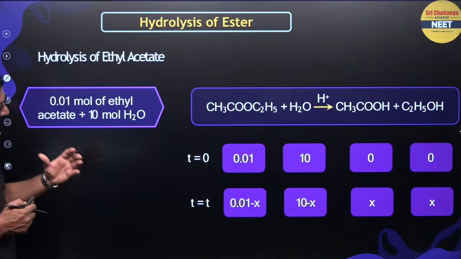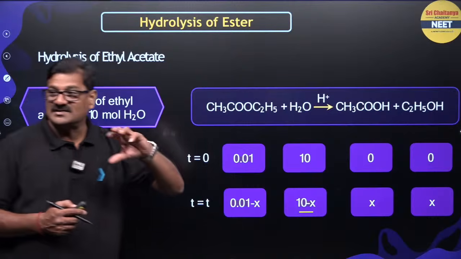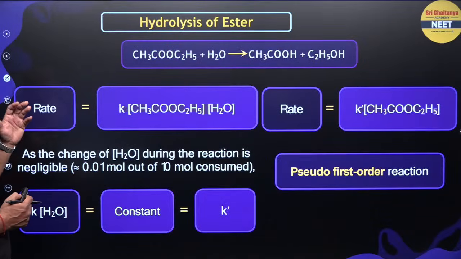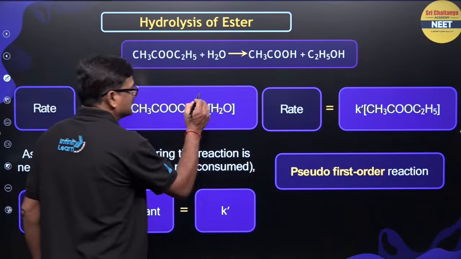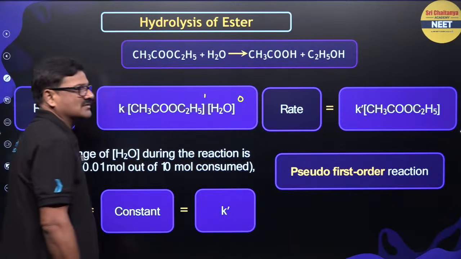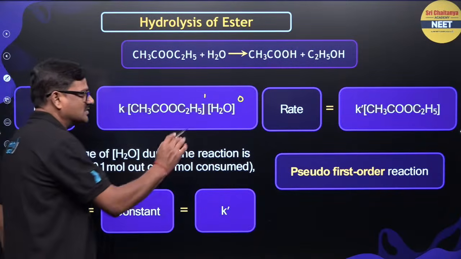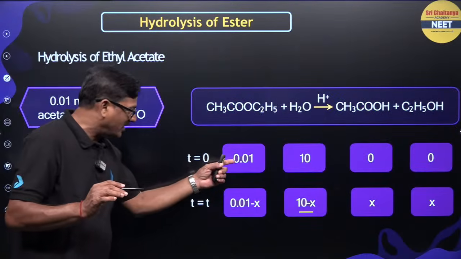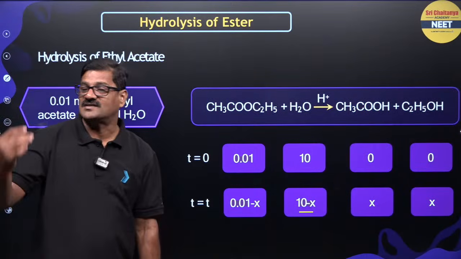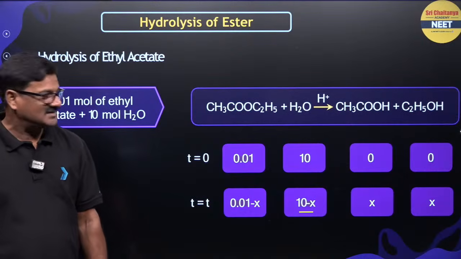So this 10 minus X looks like a constant. You can see the rate is equal to K, ester concentration, and water concentration to the power 0, because compared to 0.01, 10 is a much larger excess number, isn't it?